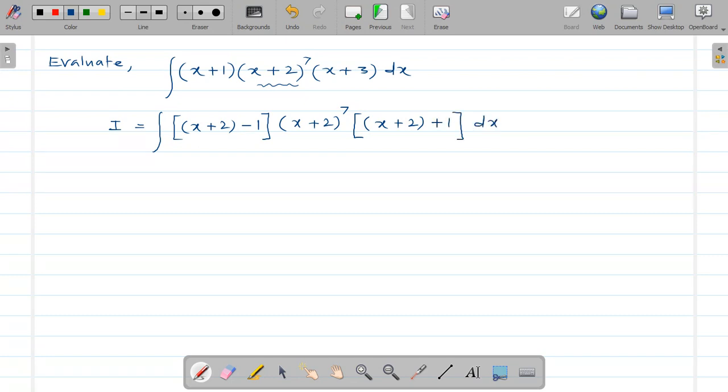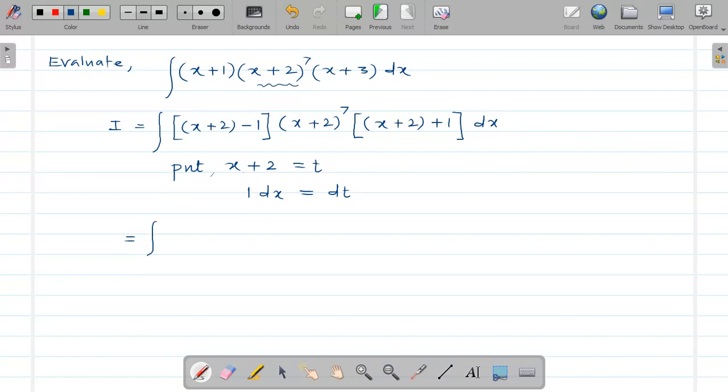Because after this adjustment I will put x + 2 equal to t. So after this substitution you will get the required simplification. Now if you put x + 2 equal to t, then by taking the derivative we get 1 dx equal to dt, because the derivative of x + 2 is 1. Now after this substitution, what will you get?